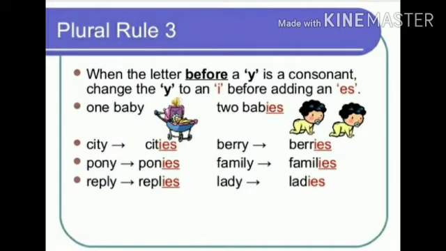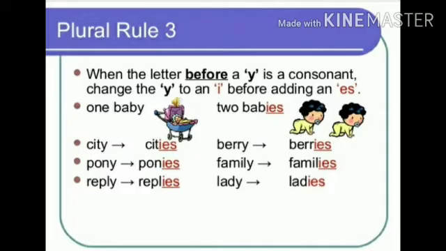Rule number 3. When the letter before a y is a consonant, we have to change the y to an i before adding es. That means when a word ends with y and there is a consonant before the y, we will change the y into i and then add es.